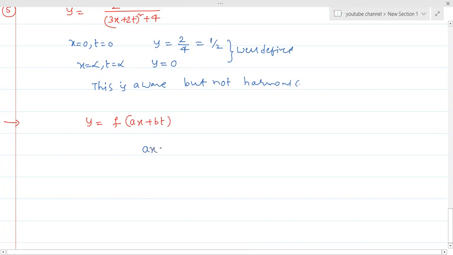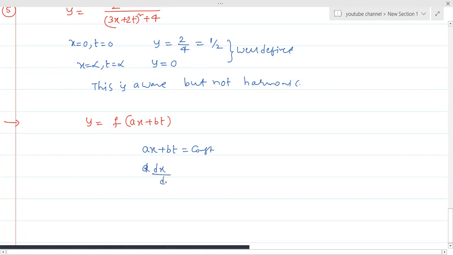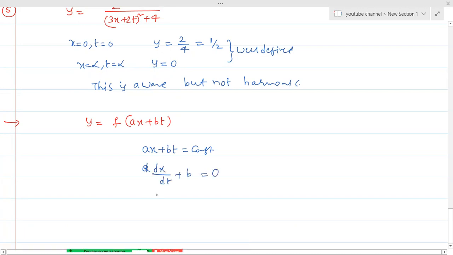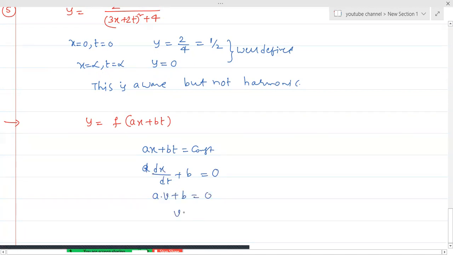Therefore, I am taking ax plus bt equivalent to a constant. We differentiate on both sides, so we get a into dx by dt plus b equivalent to 0. So a into v plus b equivalent to 0, so v equivalent to minus b by a.